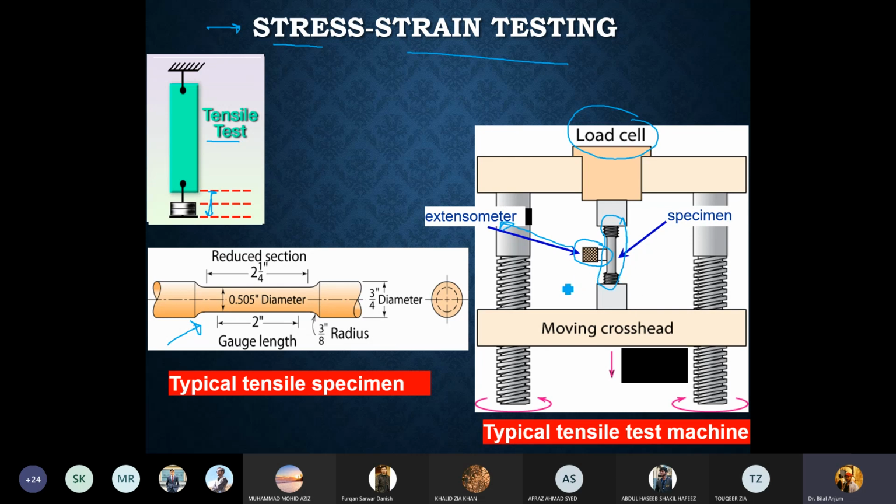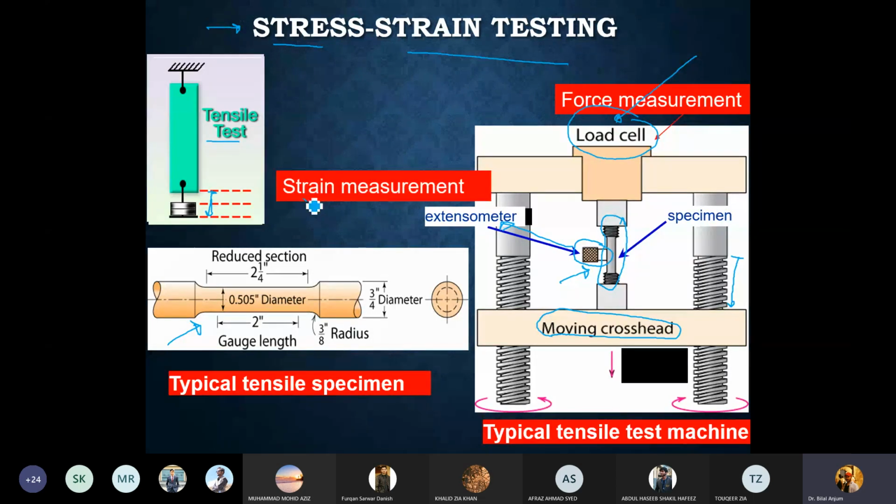At times, you will not find a strain gauge installed onto the tensile specimen. Rather, you measure the displacement of the machine with regard to the original position. That is, the moving crosshead movement would give you the displacement. So the force measurements are associated with the load cell, and the strain measurements are associated with the extensometer.